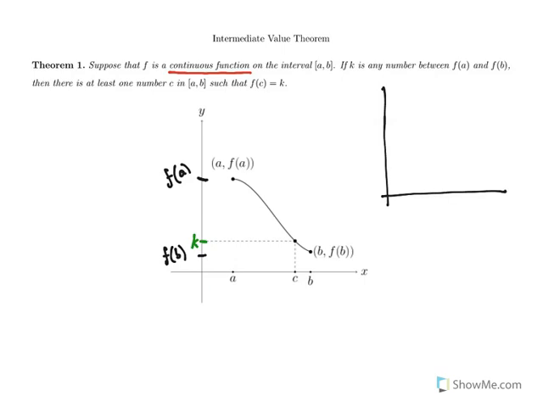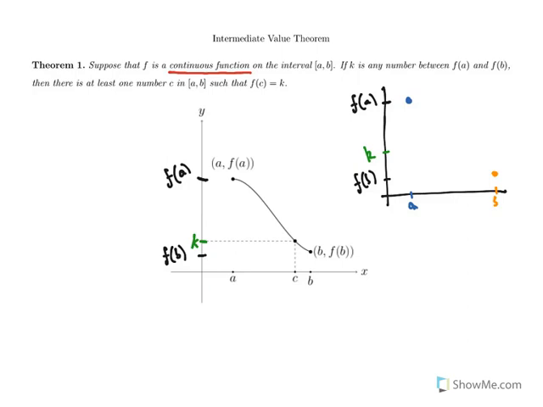and label f of a and f of b, label k. So we have a here, f of a, b, and f of b.